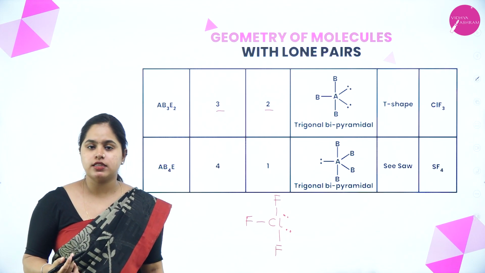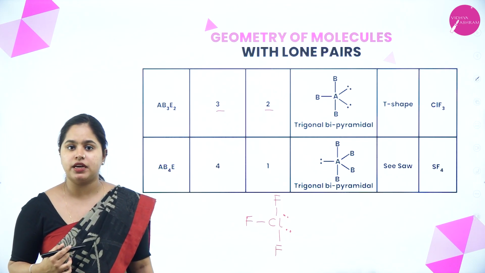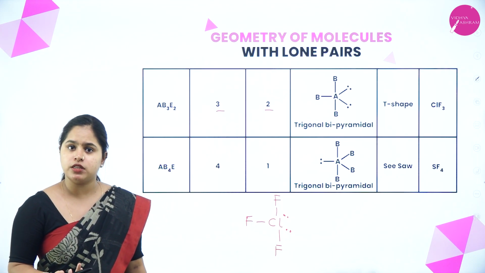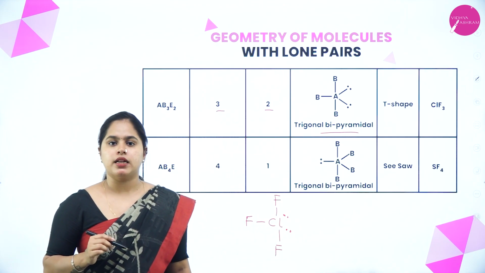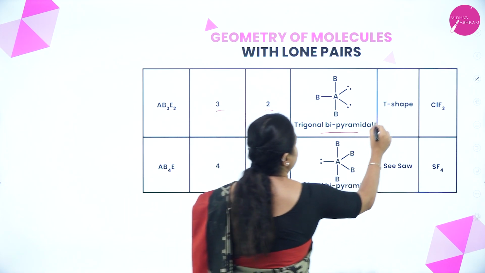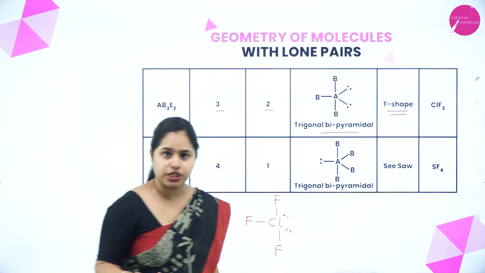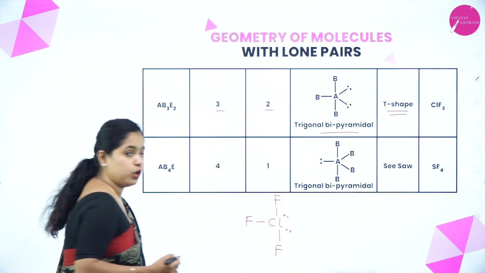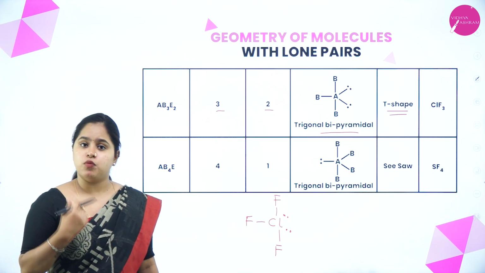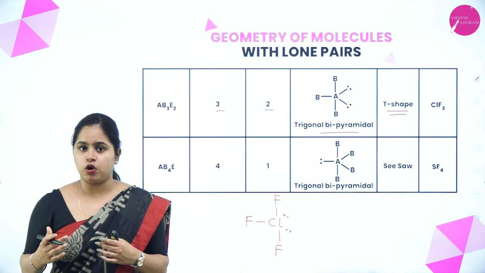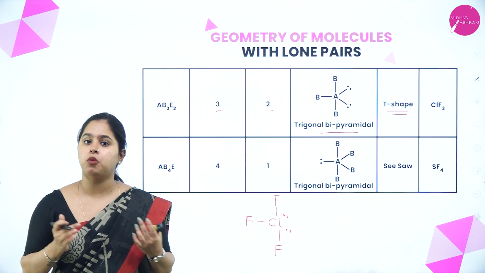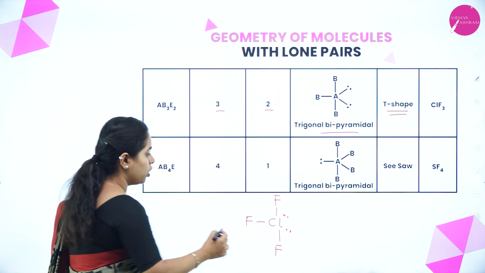So we have already discussed this. When there are 5 electron pairs present, what is supposed to be the geometry? It should be trigonal bipyramidal, right? But the shape now is called T shape. Why? Because of the lone pairs present here, what did we study? The lone pair interactions, the bond pair repulsions, and the lone pair-bond pair repulsions, right? So what happens?